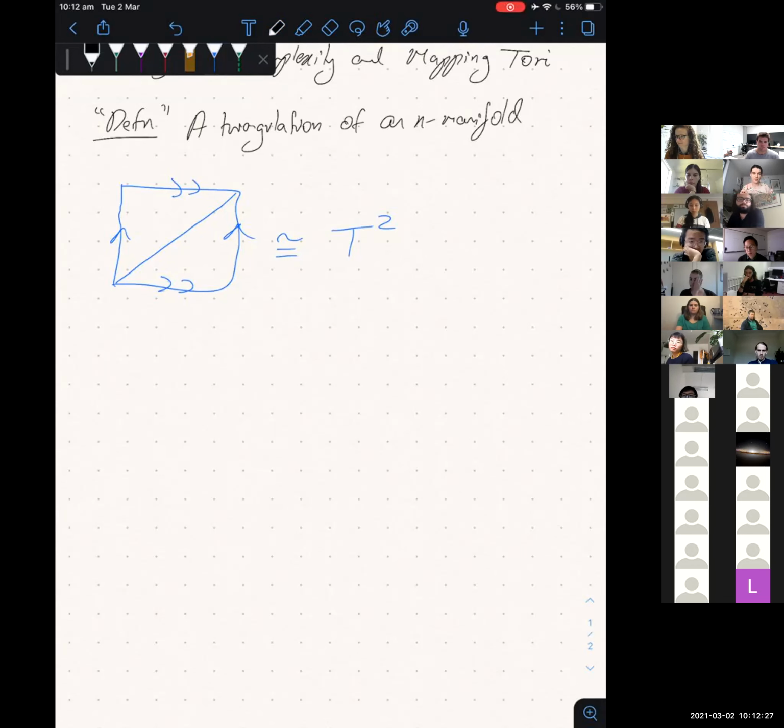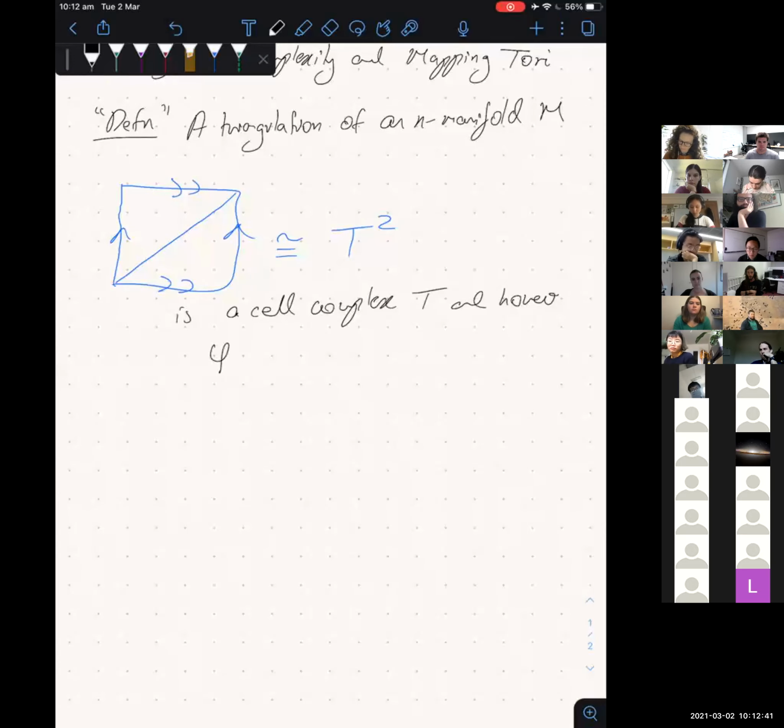A triangulation of an N manifold to me is a cell complex T that is homeomorphic to your manifold M, and a homeomorphism from T to M, where, well, I said that T is a cell complex, but I want a particularly nice cell complex.